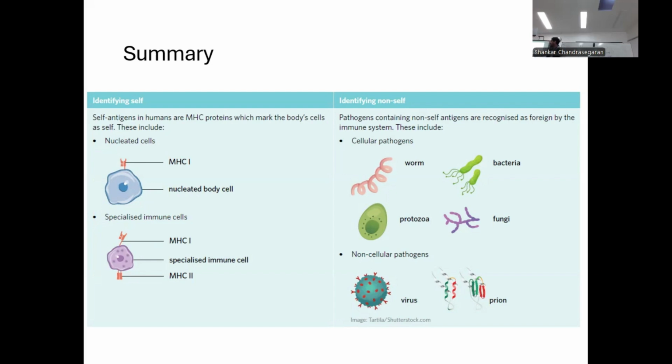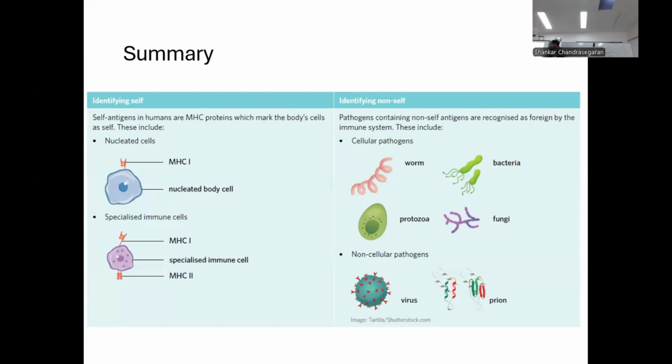Since we've talked about how it's detected, let's talk quickly about the pathogens themselves. There are 6 different kinds that you need to be aware of. There are 4 which are cellular in nature, meaning they're considered alive, and then 2 which are non-cellular, which are not alive.